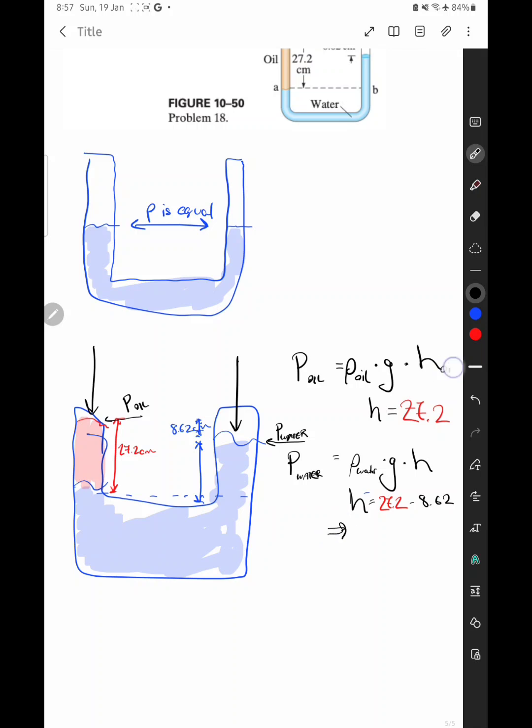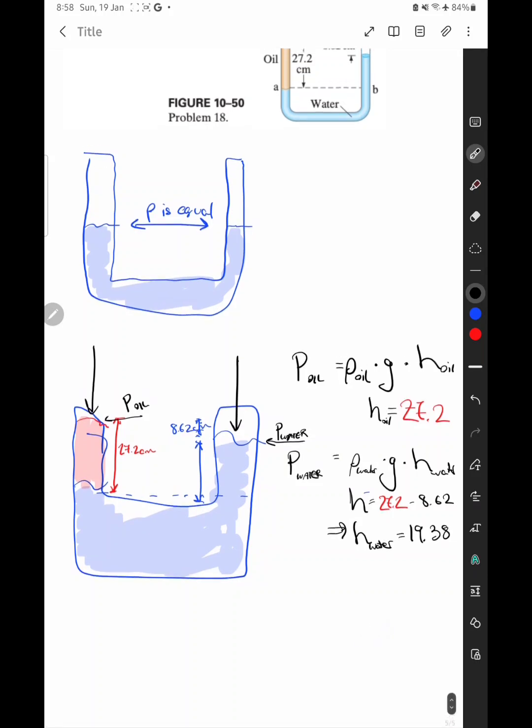Well, this is H oil. This is H water. So 27.2 minus 8.62. I'm just gonna do this real quick. Alright, I got that H water is equal to 19.58. I don't know if that's right. I just kind of quickly did it in my head. Well, it should be 19.38 actually. 19.38.